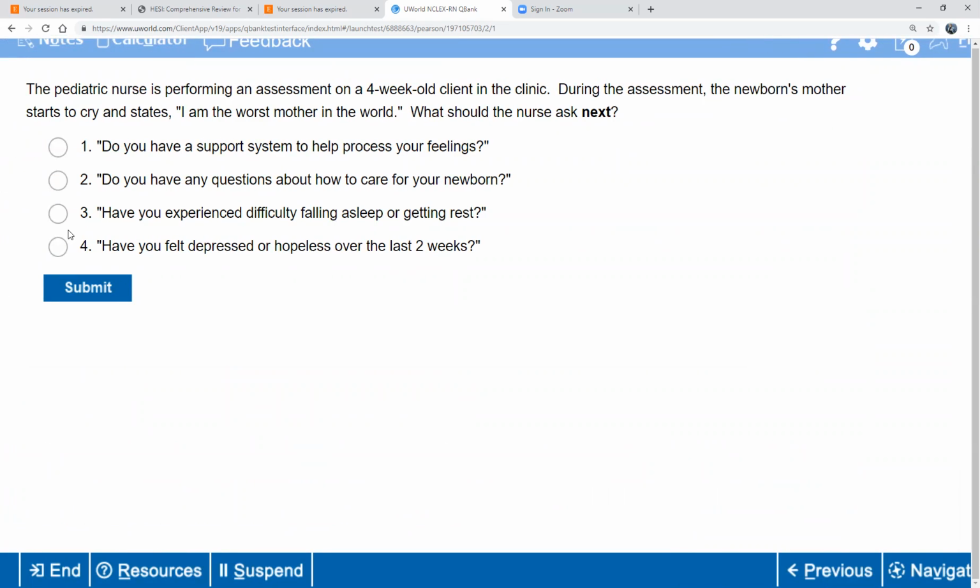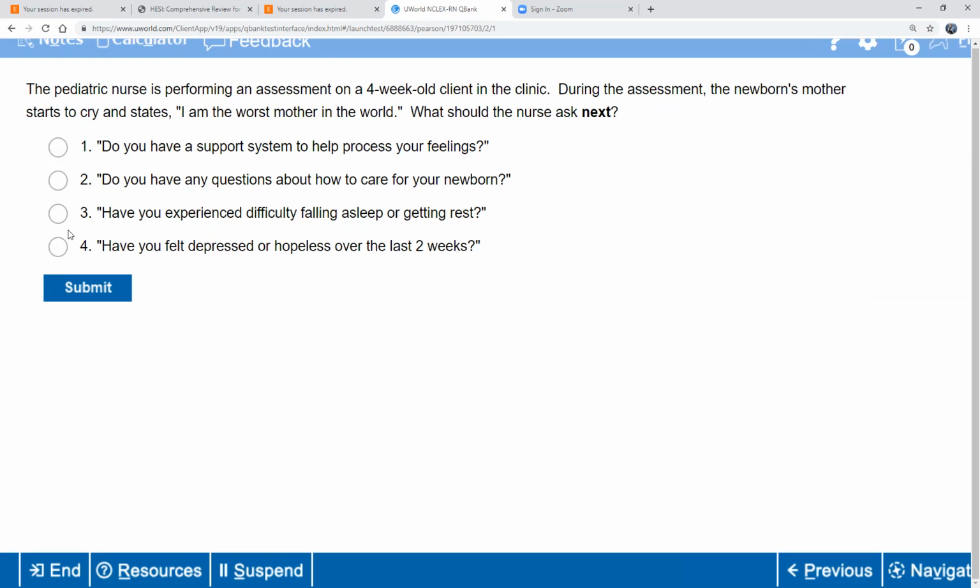Okay, so the pediatric nurse is performing an assessment on a 4-week-old client in the clinic. During the assessment, the newborn's mother starts to cry and says, "I am the worst mother in the world." What should the nurse ask next?